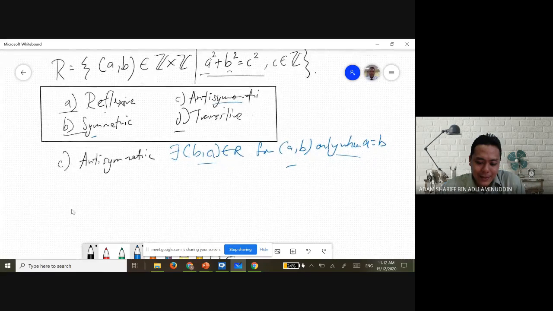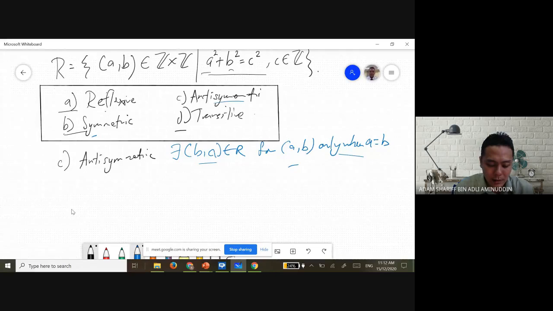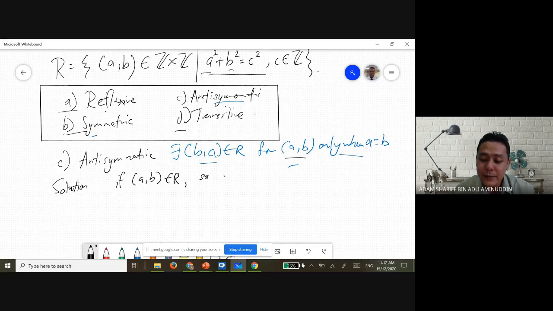Tak ada masalah. Okay. The solution. I must try to find what is AB first. If AB is inside R, maka A squared plus B squared equals to C squared. Katakan BA juga wujud.